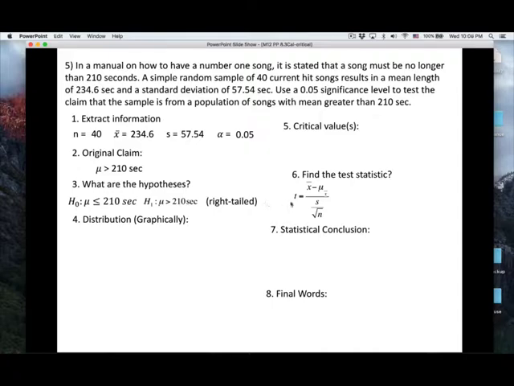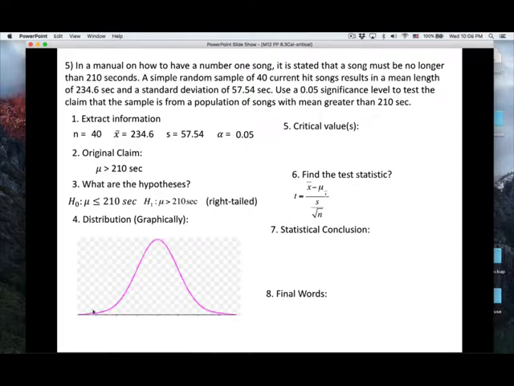Okay, we are using the t distribution, so we will have the picture as a bell shape, and that's a right tail. Remember what the area of the right tail is? It should be equal to your significance level, which is your alpha. So we will use the alpha to find the critical value. And since this is the right tail, we only have one critical value, and it will be positive.